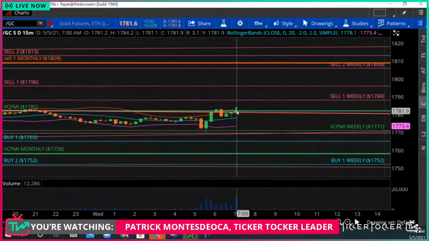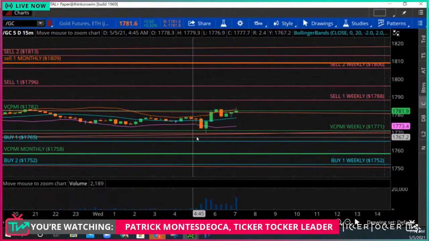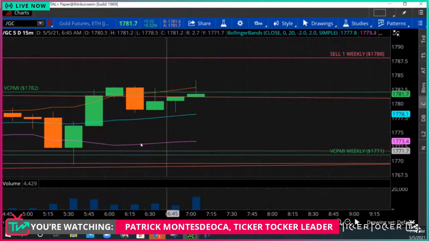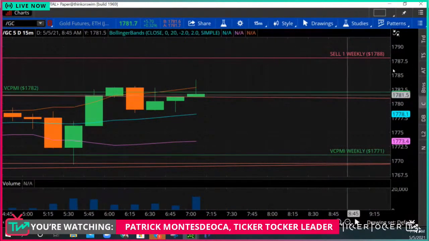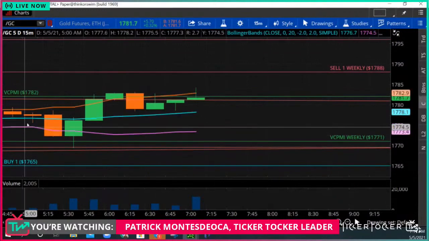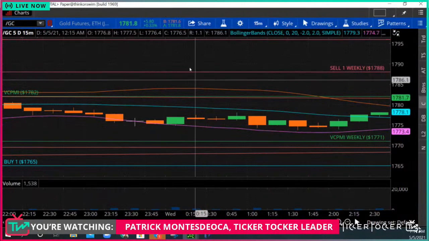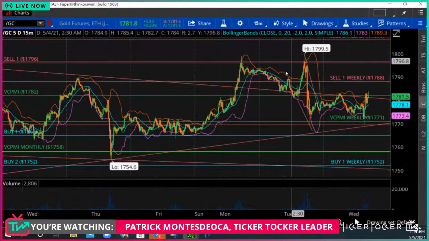So what you see here is that the market traded the weekly average 1771 after it made a high of 1799.